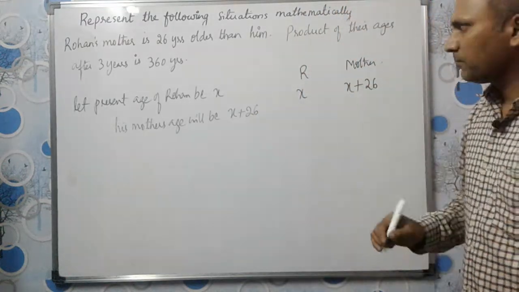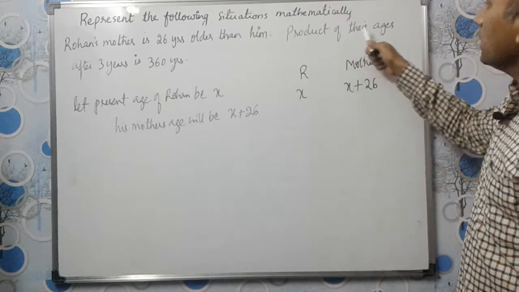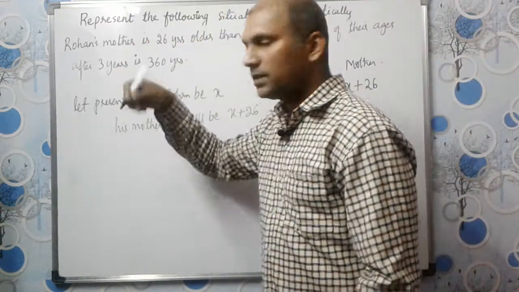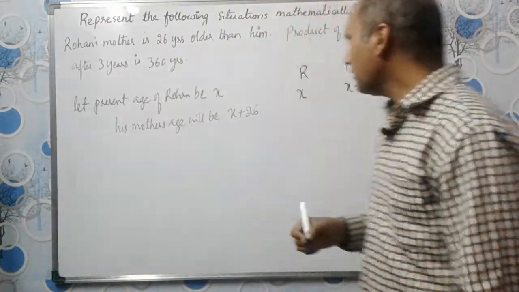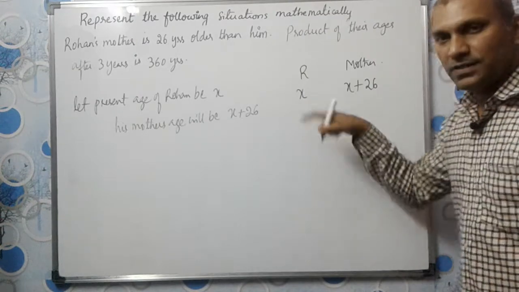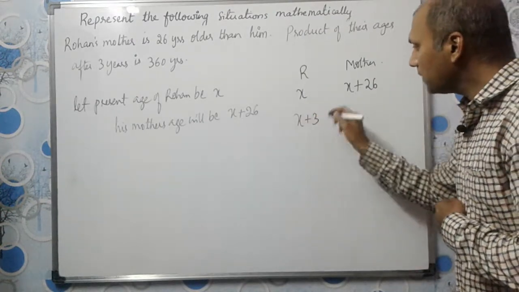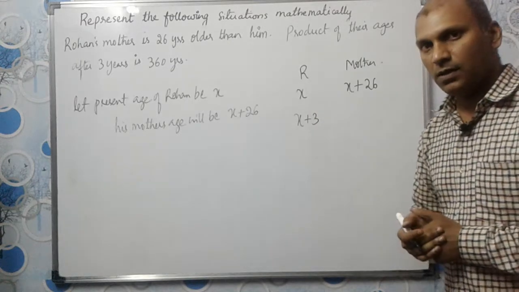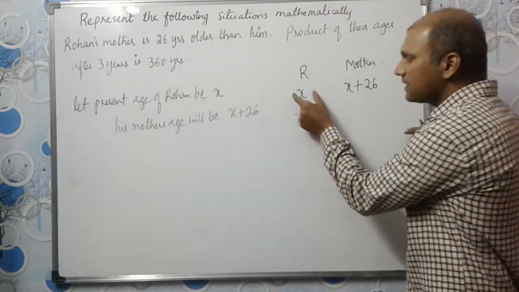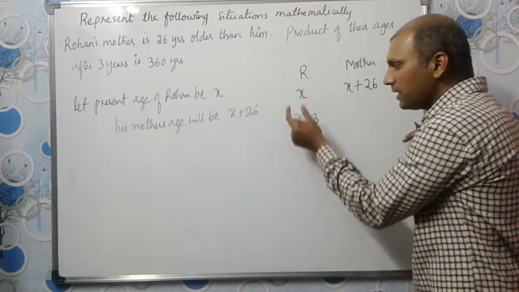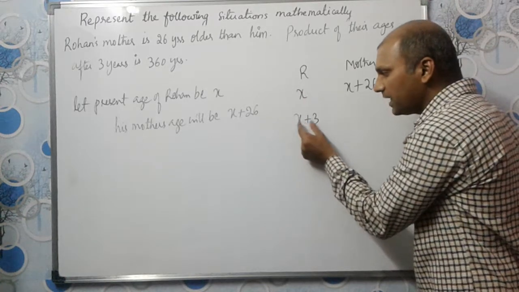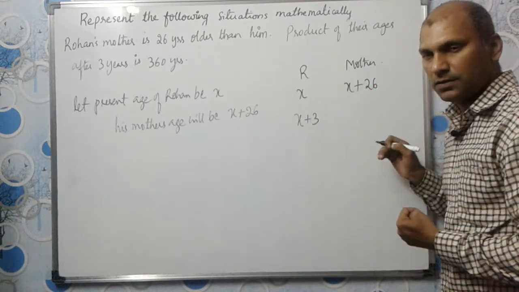Very easy, right? What else is given? The product of their ages after 3 years. Now, Rohan's present age is x. After 3 years, he will be x plus 3 years old, right? For example, if he is 10 years old now, his age after 3 years will be 10 plus 3, 13, isn't it?